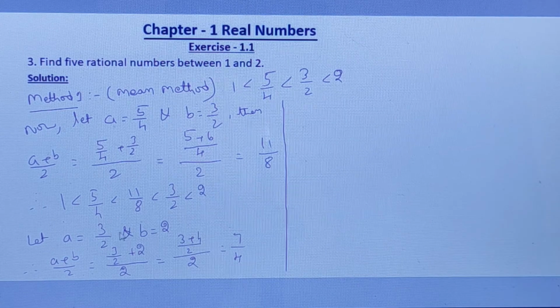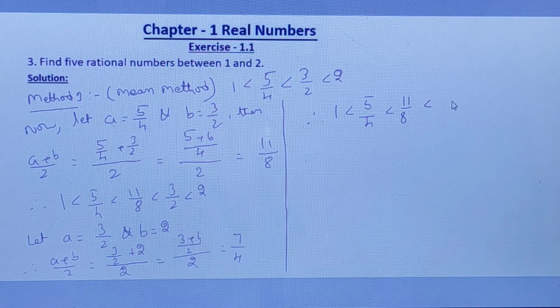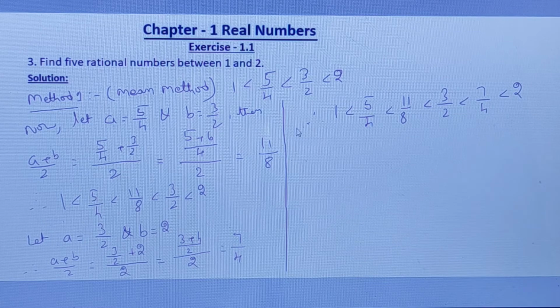Therefore, 7 by 4 lies between 3 by 2 and 2. So we can write it as 1 is less than 5 by 4 is less than 11 by 8 is less than 3 by 2 is less than 7 by 4 is less than 2. So we have to find one more number.